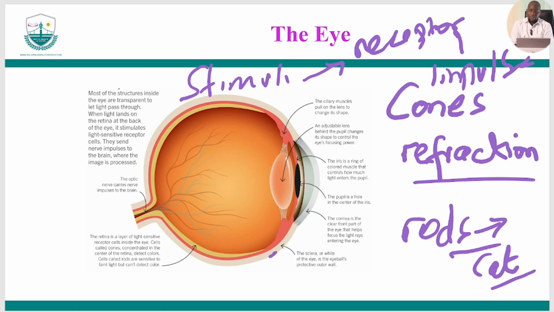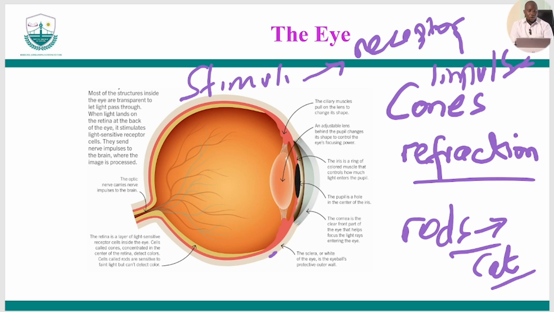So these parts, we'll look at them more closely and at how they help in focusing and adjusting the lens such that an image can be properly formed on the retina for clear vision. So that is the ciliary body, the ciliary muscles, the suspensory ligaments, and then the lens.